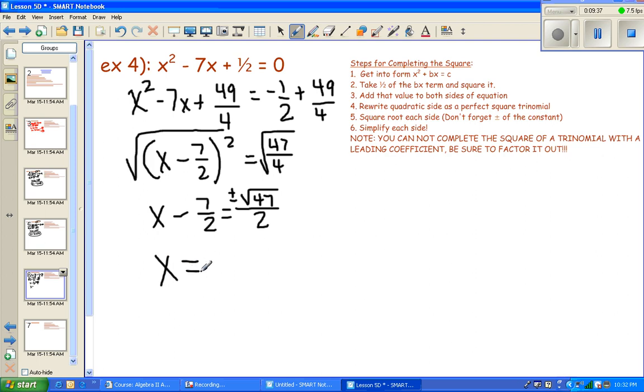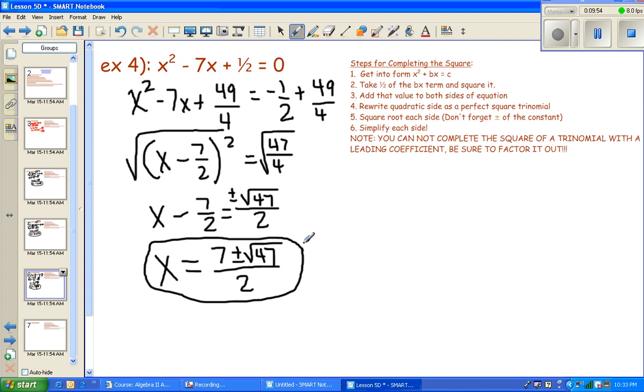Solve for x. I'm going to add the 7 halves to the other side. I'm going to get 7 plus or minus the square root of 47 all over that common denominator 2. So it wasn't really that much more difficult. So there's a fraction. You know how to work with fractions.